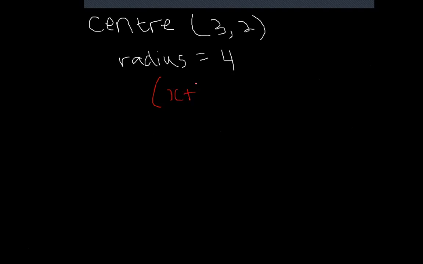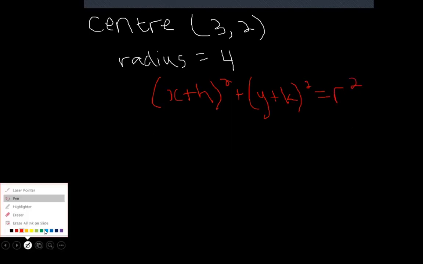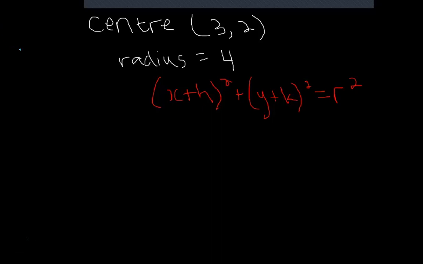So (x + h) squared plus (y + k) squared is equal to r squared. I want you to try this. I'll write these steps to the side here to guide you, but I want you to try it by yourself. I want you to write it in this form. When you finish, let me know.